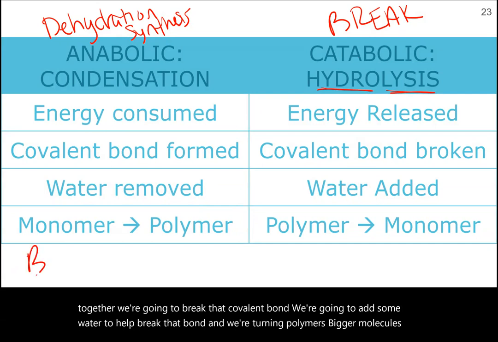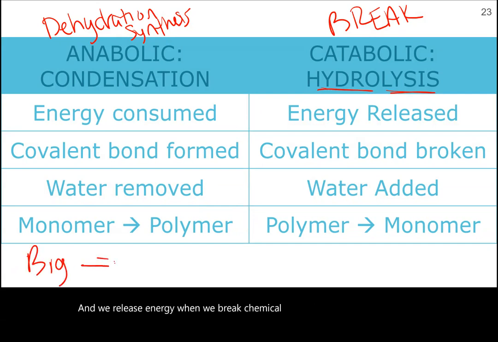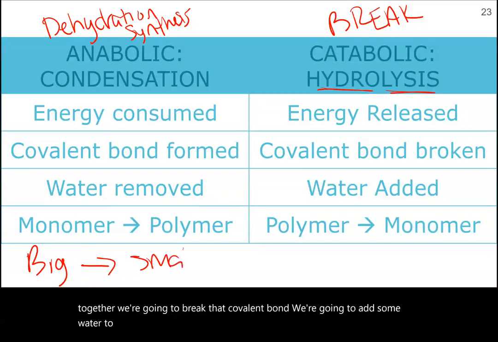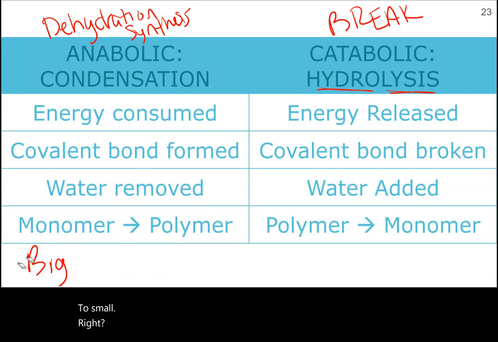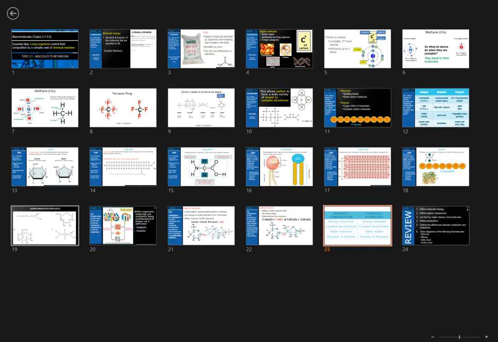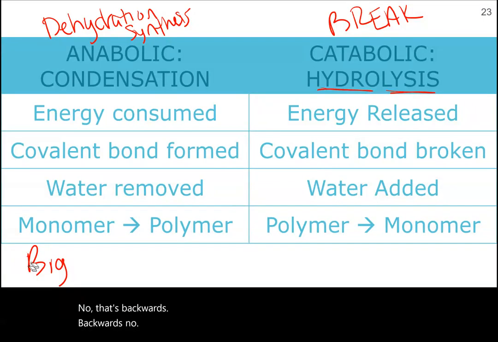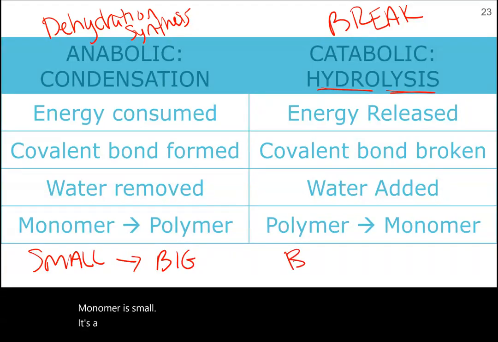So big to small, right? No, that's backwards. Monomer is small. Small to big, right? Big to small.